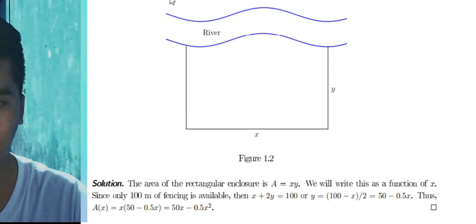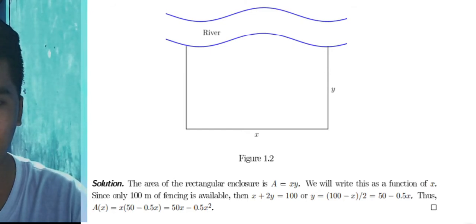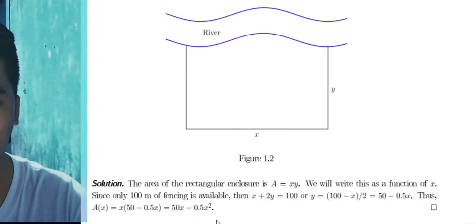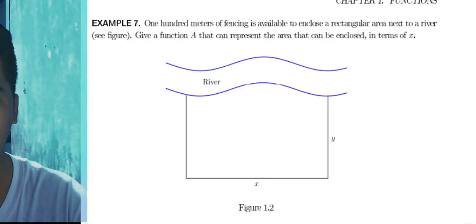Because the question here is to give a function A that can represent the area. So it asks us about the area that can be enclosed in terms of x. So we are creating a function, an A of x.